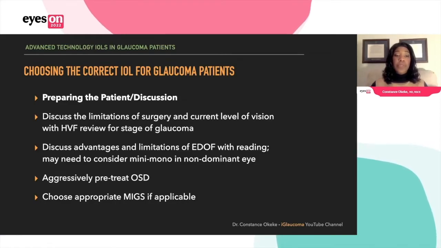Also talk about the advantages and disadvantages of where they are with the technology that we have, and limitations with reading. I always let them know that they're going to need reading glasses so that they can expect that. Then when they feel like they're seeing better than needing the readers all the time, they have a positive outcome.